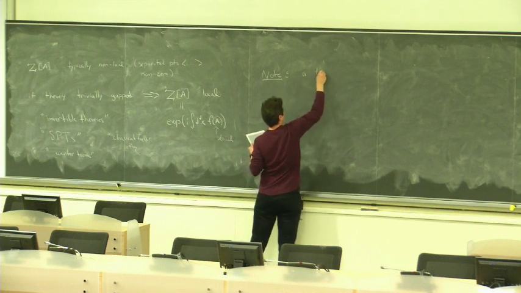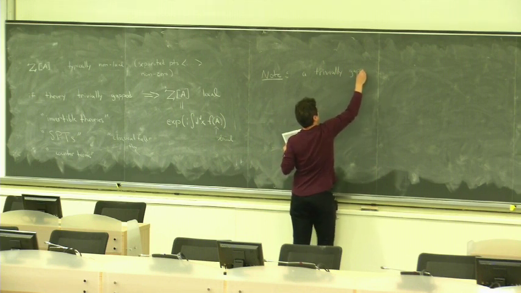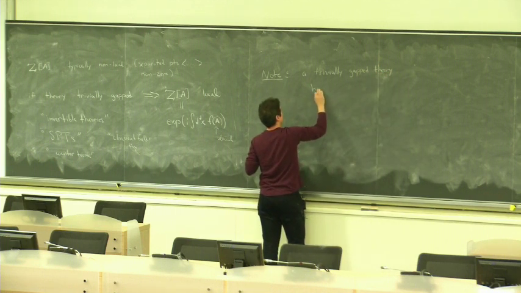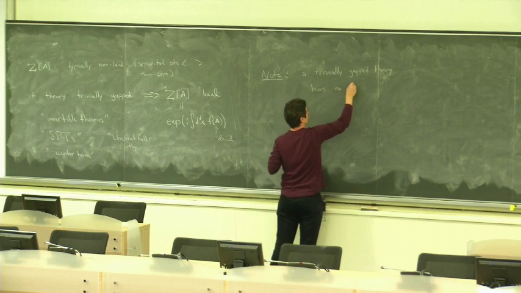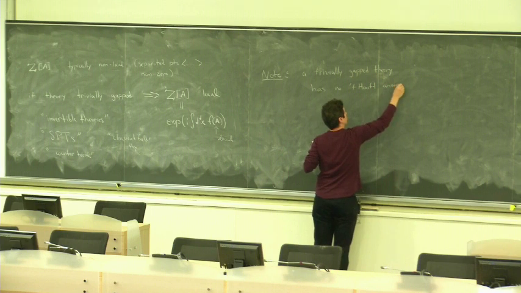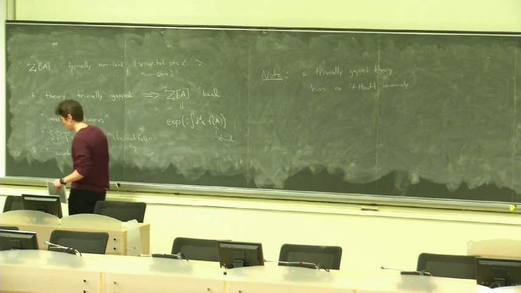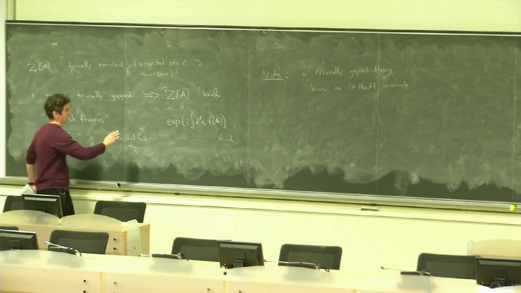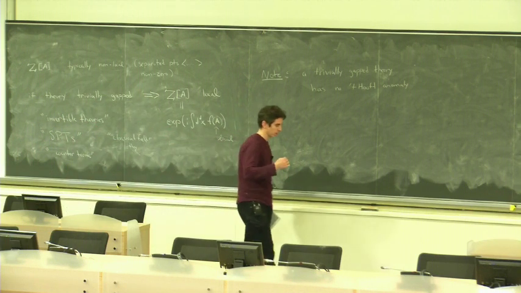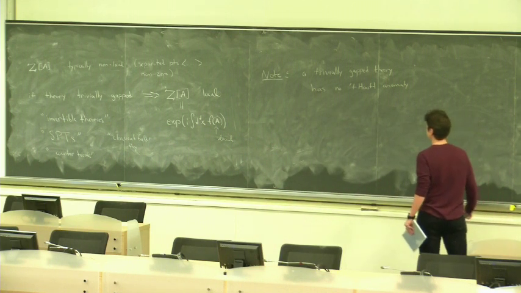A trivially gapped theory has no 't Hooft anomaly. Why is that? Well, we see that a trivially gapped theory has this kind of local form for its partition function. And we also saw that anomalies were only defined modulo such shifts by local functions.